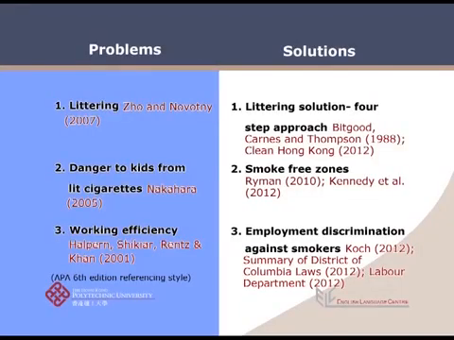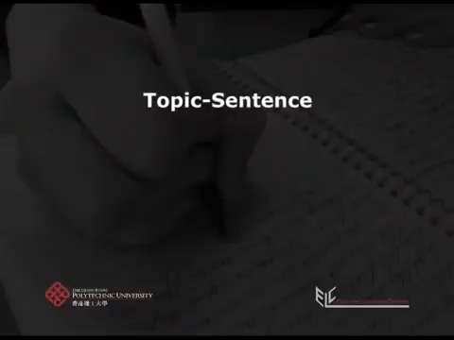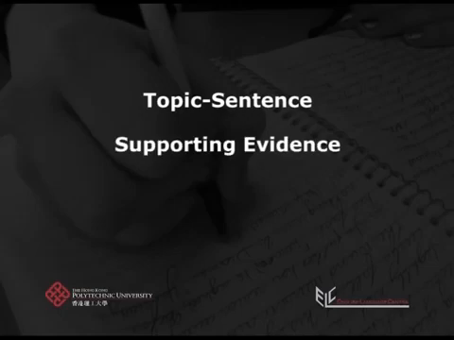So remember the rough plan our writer had at the beginning? There were 6 points. That means 6 body paragraphs. One idea for each paragraph. And remember, each paragraph should be divided into 3 parts. First, the topic sentence, then supporting evidence, and finally a concluding sentence.